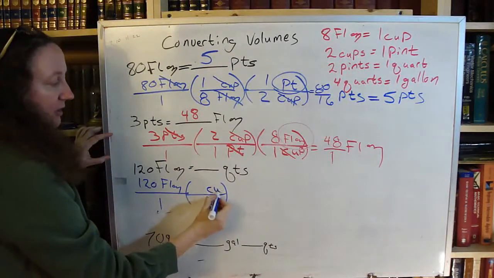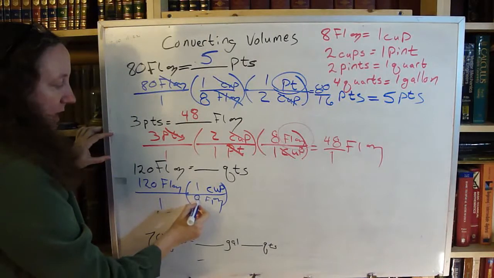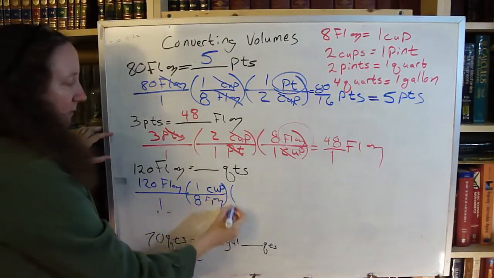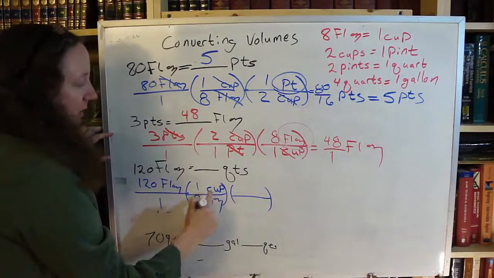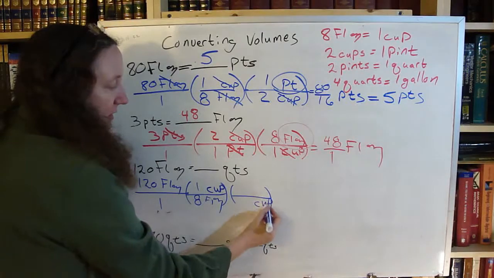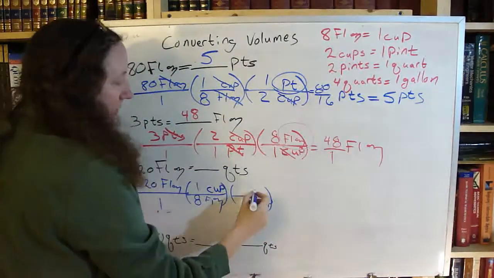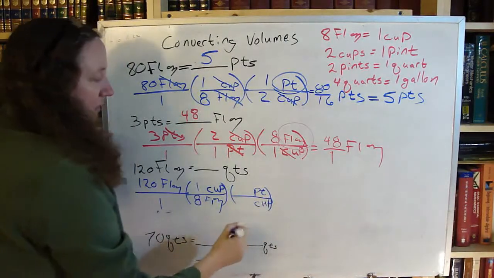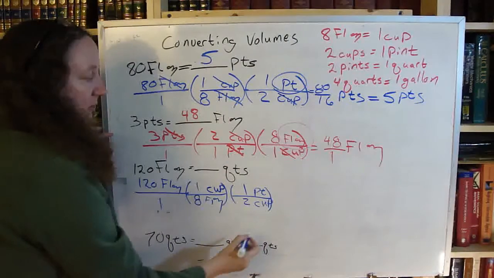So cups is on the top. 1 cup, 8 fluid ounces. Next conversion factor, because I don't want to stop at cups. Cups is on the top though, so I put it on the bottom to get rid of it. I can go from cups to pints. 2 cups is 1 pint.